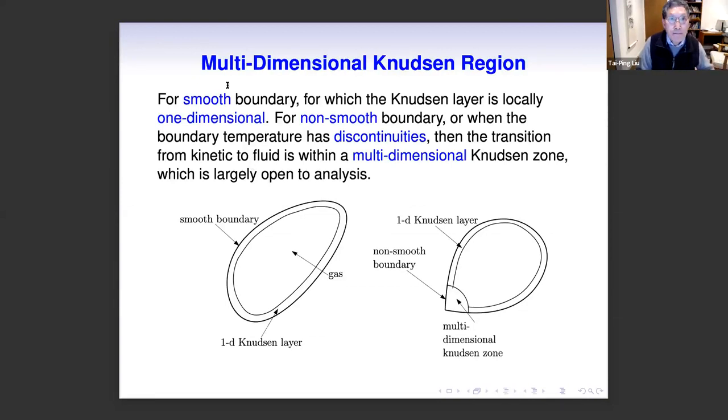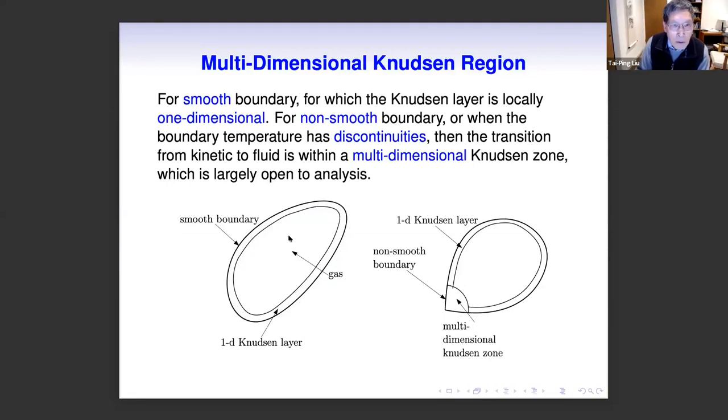So this is the multi-dimensional collision region. Okay. Let's look at the left picture here. We have a smooth boundary, with the gas inside this boundary.